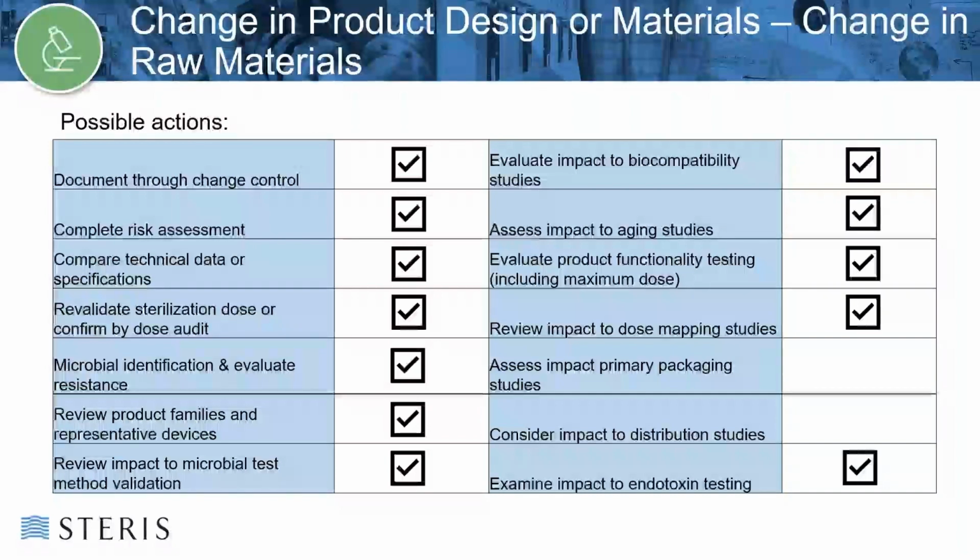Refer to section 4 of ISO 11137-2. Additional consideration for changes in raw materials could be the need for the change to impact product functionality, aging, dose mapping, and biocompatibility studies, and if applicable, endotoxin studies.